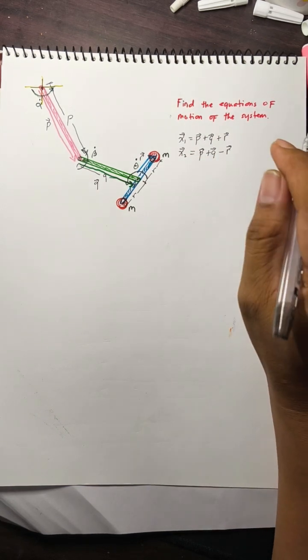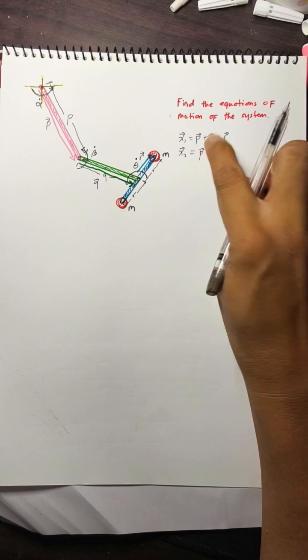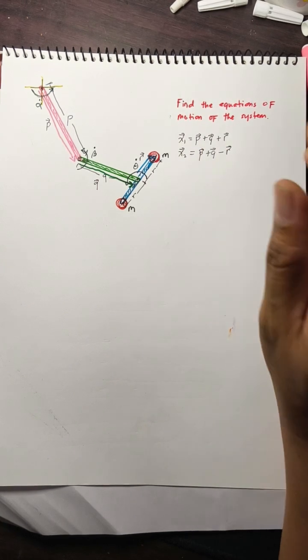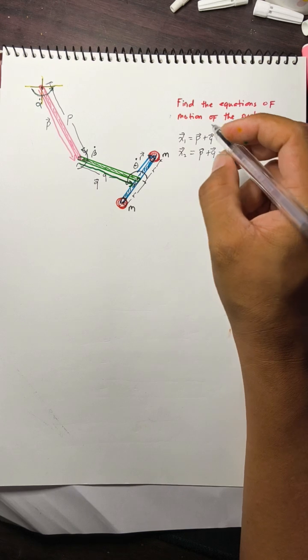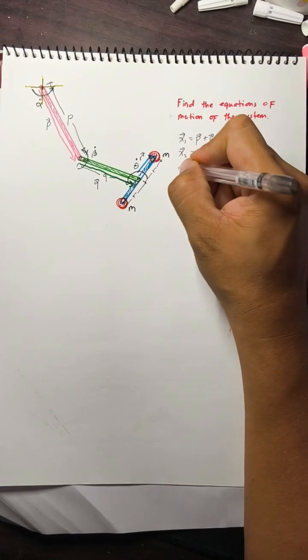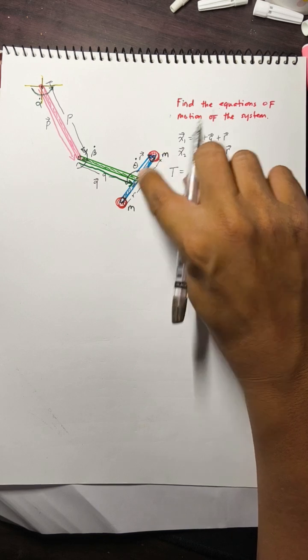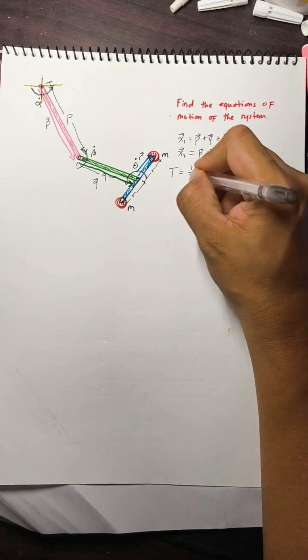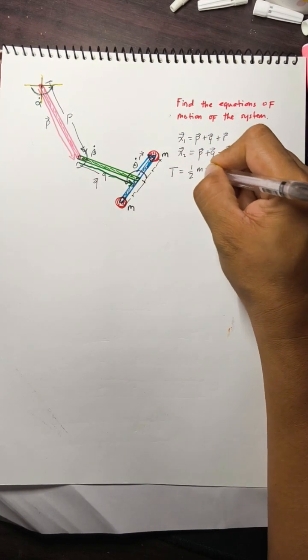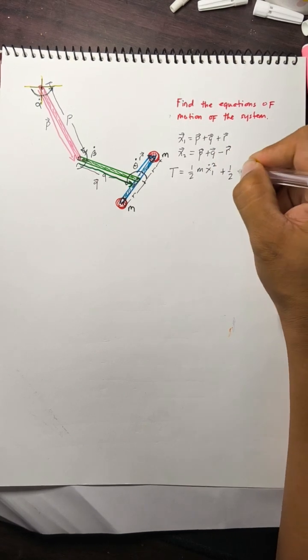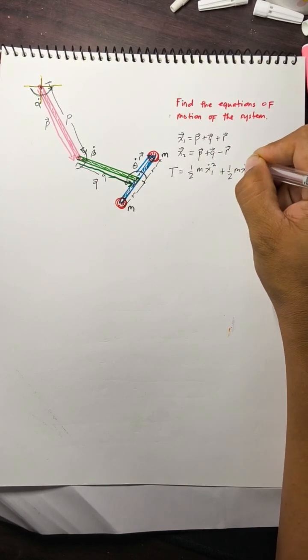So we now have our position vectors. We can calculate now the kinetic energy. What is the kinetic energy of the system? The kinetic energy is just equal to the sum of the kinetic energies of the two masses. So you have now 1/2 m x1 dot squared plus 1/2 m x2 dot squared.